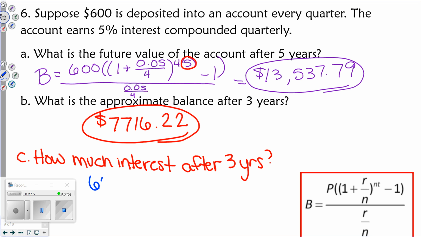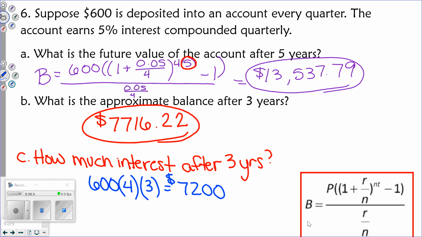You have to do 600 times 4, because they're quarterly. And how many years? 3. Right, you have to figure out how much they put in. So 600 times 4 times 3. So they've actually put in $7,200, right, they put $600 at 4 times a year for 3 years.